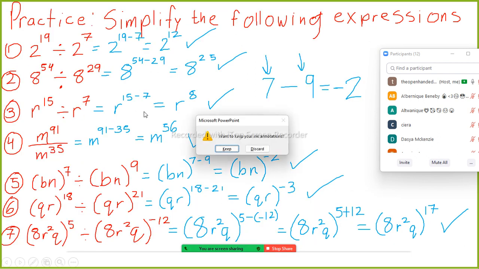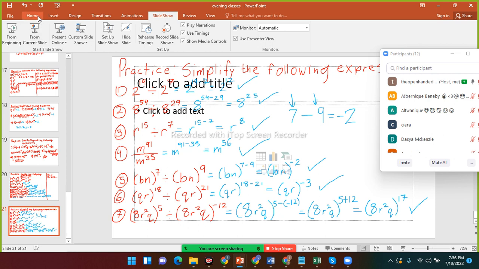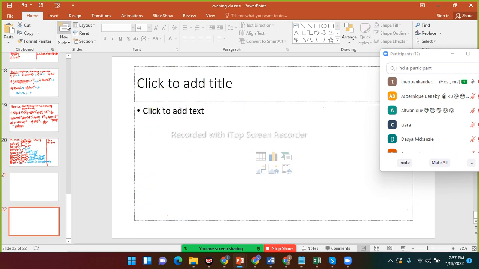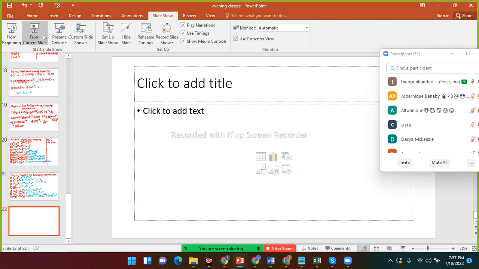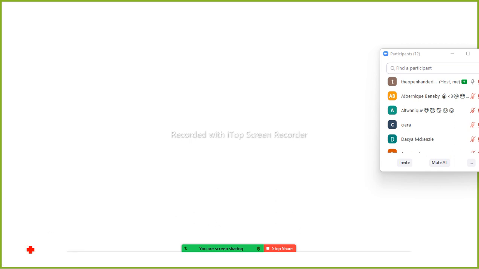So for this practice, we want to simplify the following expressions.